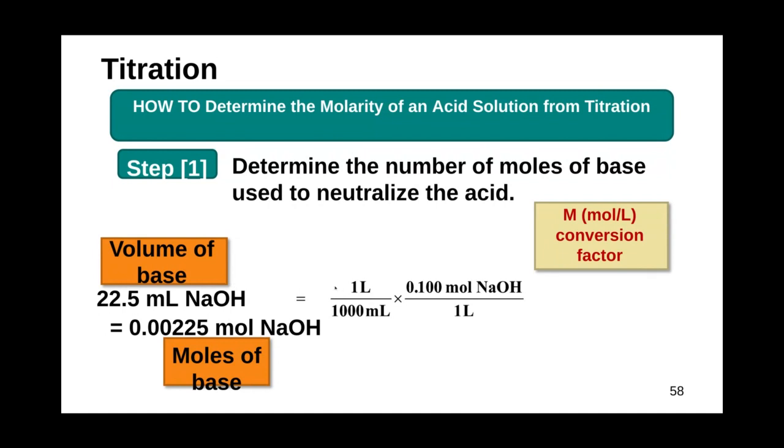We know that is equal to 1 liter over 1,000 milliliters, times 0.1 moles of sodium hydroxide over 1 liter. That's the moles to liter conversion factor. But again, this is moles to liter, we have milliliters. So we have to convert them. And when all that math is said and done, we get 0.00225 moles of sodium hydroxide. So that's our moles of the base.